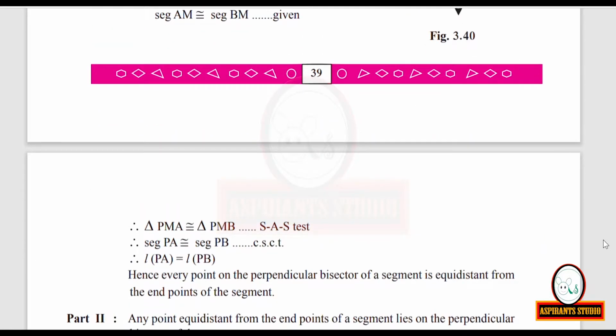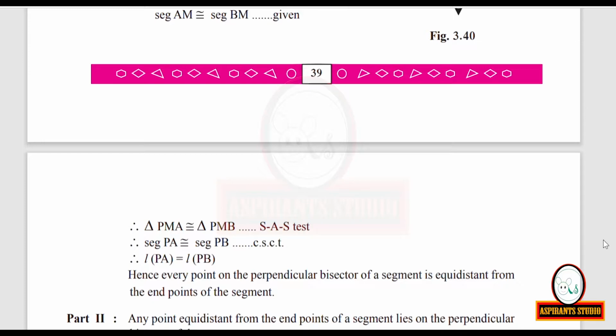According to the correspondence of the vertices, you have to say P is corresponding to P, vertex A is corresponding to vertex B. So segment PA is congruent to segment PB by the reason you have to write CSCT, corresponding sides of congruent triangles. When the segments are congruent, the lengths will be equal. So length of PA is equal to length of PB.